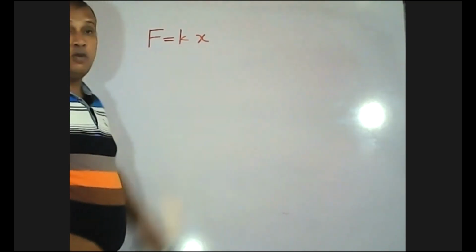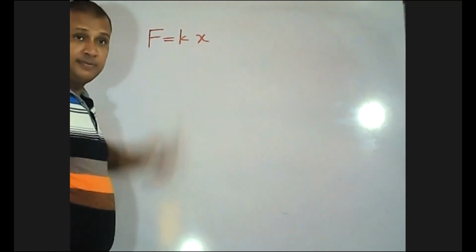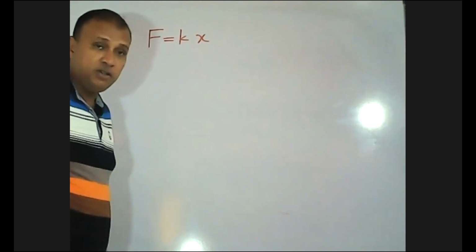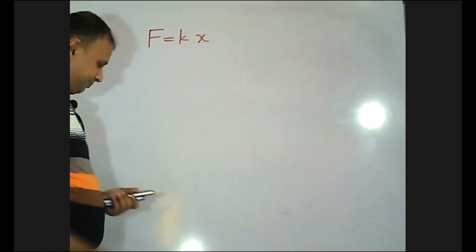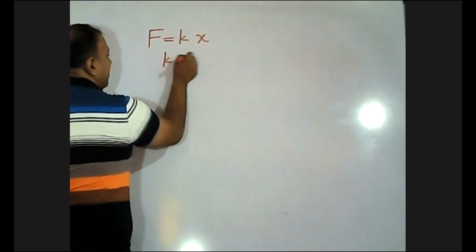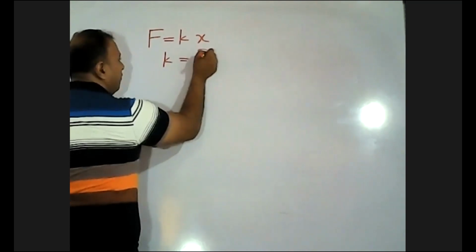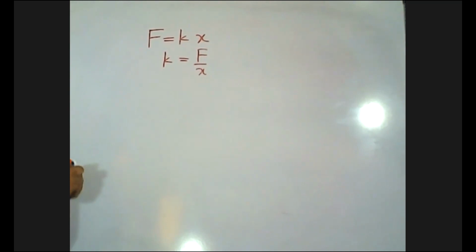F is equal to kx. That means applied force is equal to the spring constant into x. Therefore, if I make k the subject, it is equal to F over x.